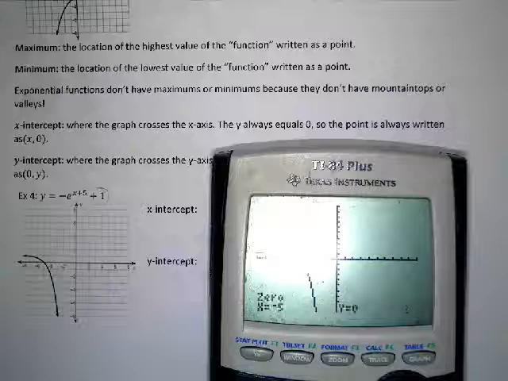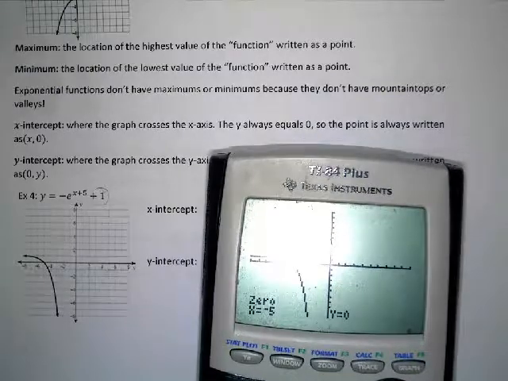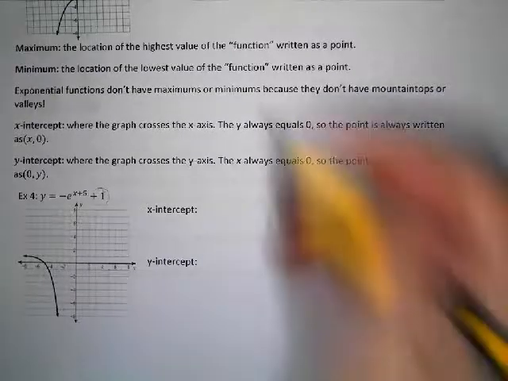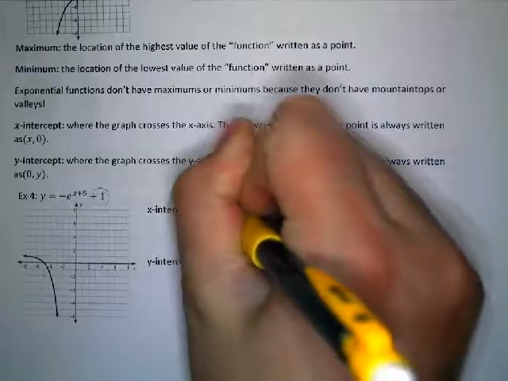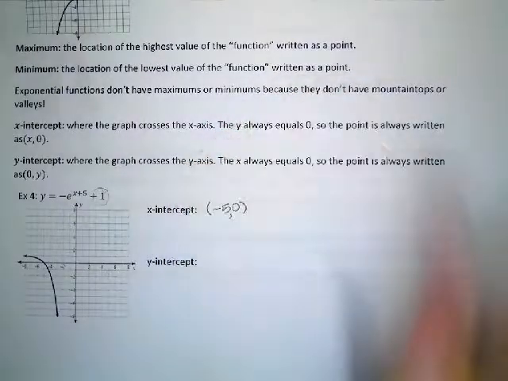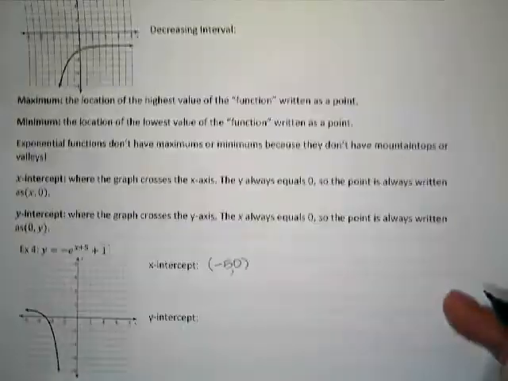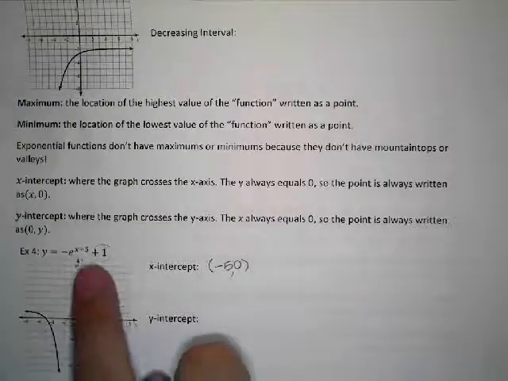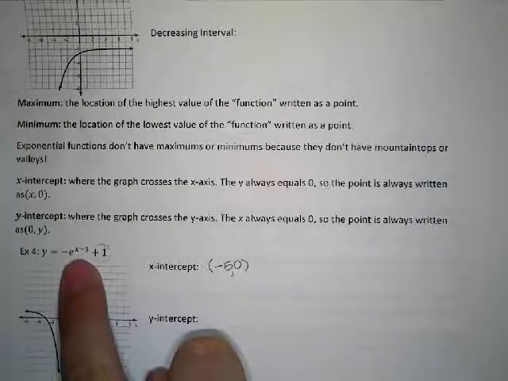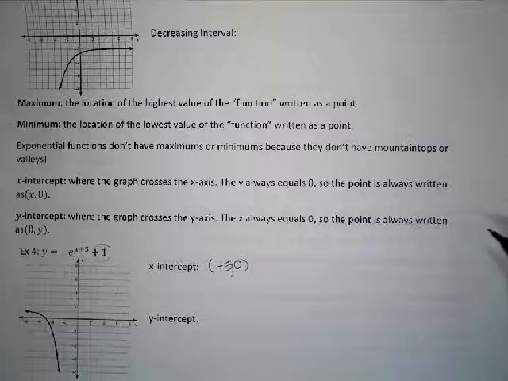Ooh, look at that, it's a whole number. That's nice. -5. Oh, is the x-intercept also the opposite of x plus 5? Or that's how I got it. That was a nice coincidence.